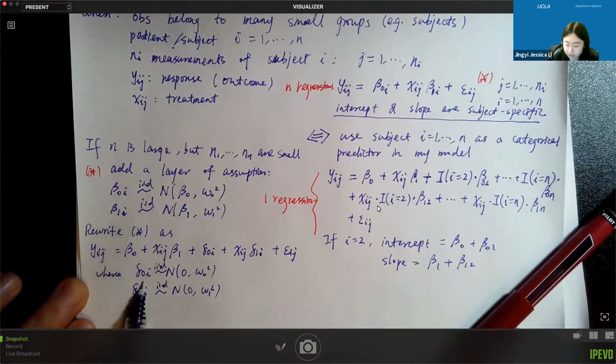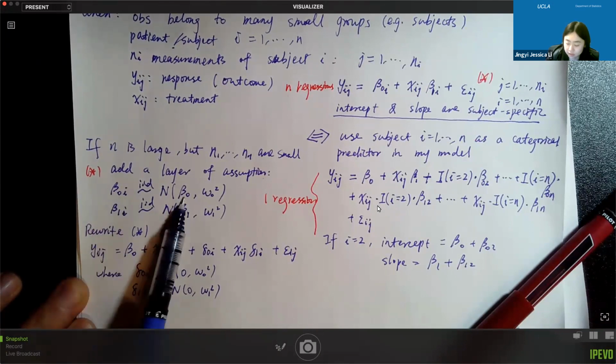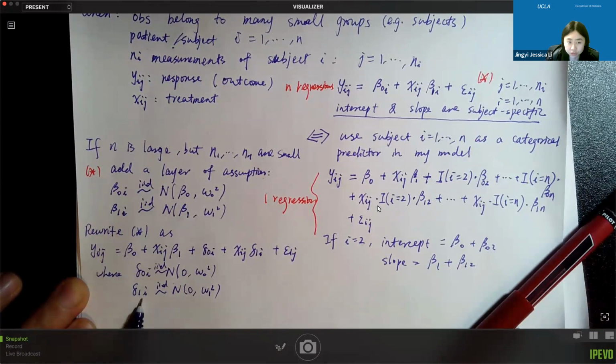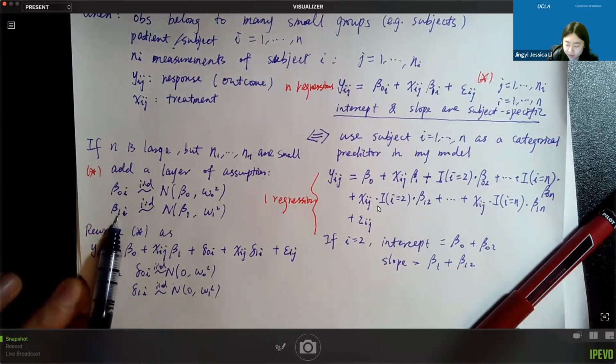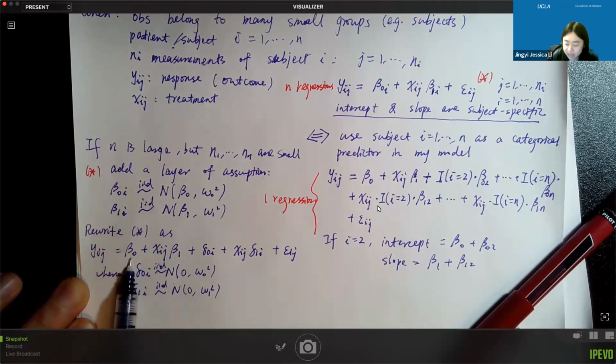So you can regard this delta 0i just as beta 0i minus beta 0. Delta 1i just as beta 1i minus beta 1. So I get the common part out, and I just leave the subject-specific part here with mean 0. And this is what we call linear mixed effect model.